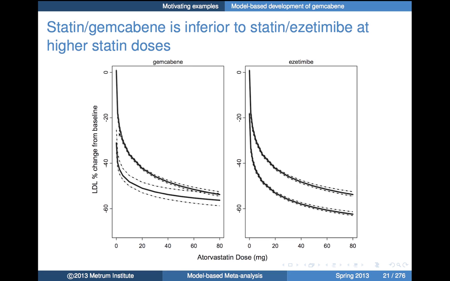And what you see here is that as the atorvastatin goes up, as we saw before, you get less and less incremental benefit from the gemcabene. Whereas with ezetimibe, in this case I believe that was 10 milligrams per day, the incremental benefit is roughly constant over the entire dose range.